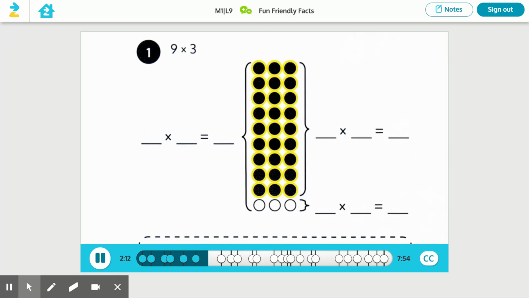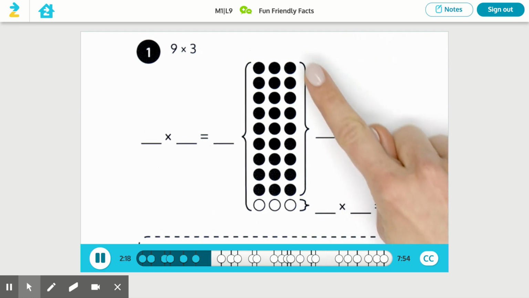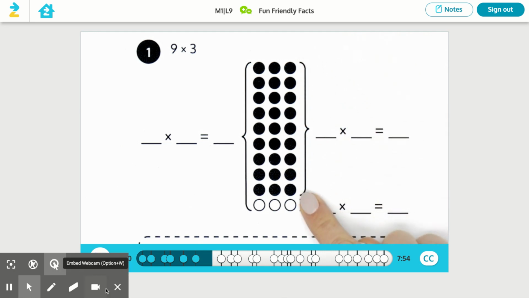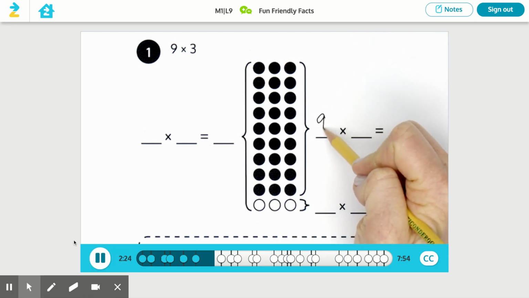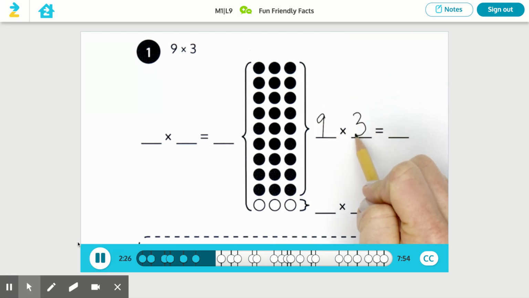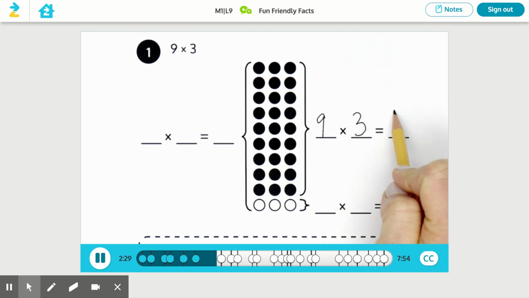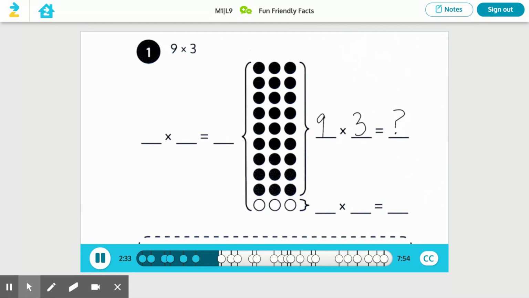Notice that 9 threes is really close to 10 threes. Let's label 9 threes to show what we're trying to find. I'll write 9 times 3 equals question mark to show what we are solving for. You try.